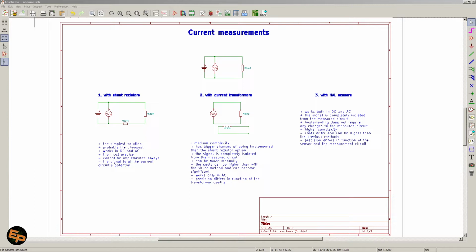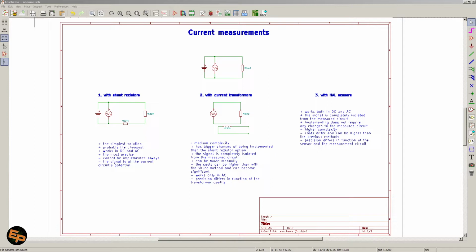So today I thought maybe we can take a look at how we can measure currents. And I'm not talking about current measurements in terms of us as electronists taking a multimeter and measuring currents so that we can see the value, or a current probe attached to an oscilloscope to see the waveform.